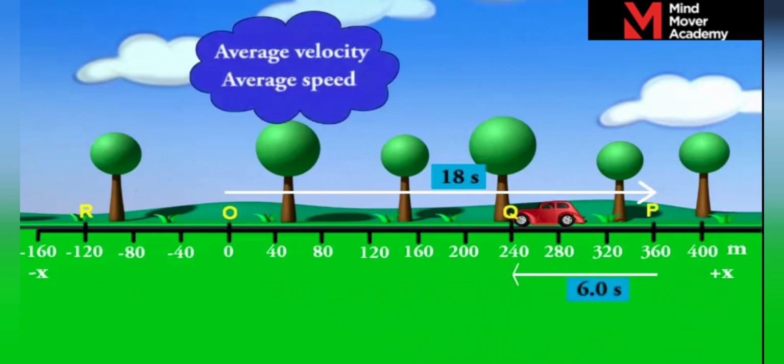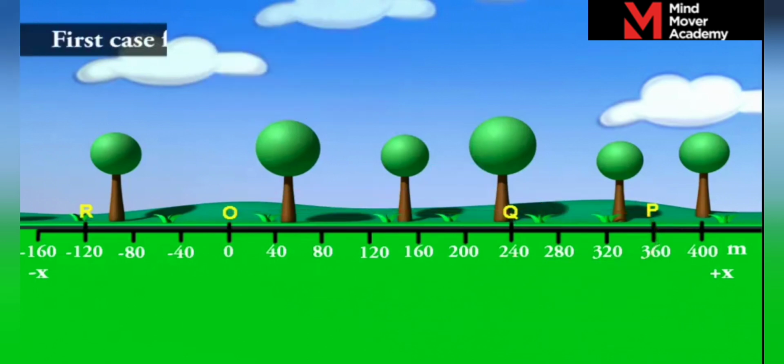What are the average velocity and average speed of the car? In going from O to P, and from O to P and back to Q. First case, from O to P.